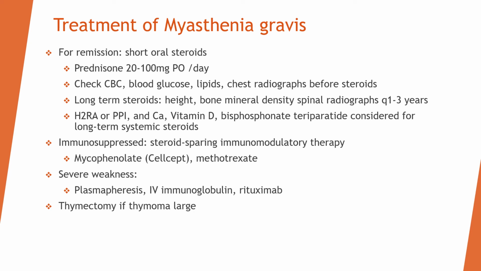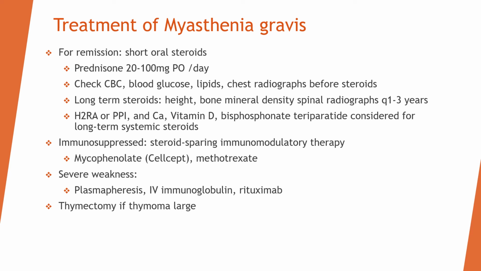PPIs for side effect peptic ulcer disease, and calcium, vitamin D, bisphosphonate, teriparatide for osteoporosis can be considered for long-term systemic steroids. For immunosuppressed patients, use the steroid-sparing immunomodulatory therapy like CellCept and methotrexate.